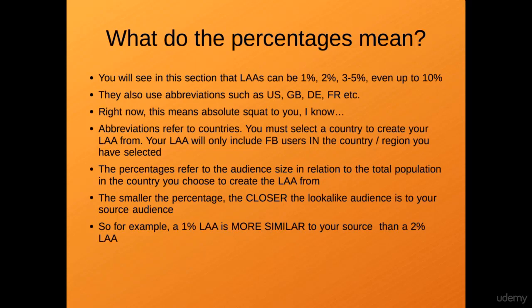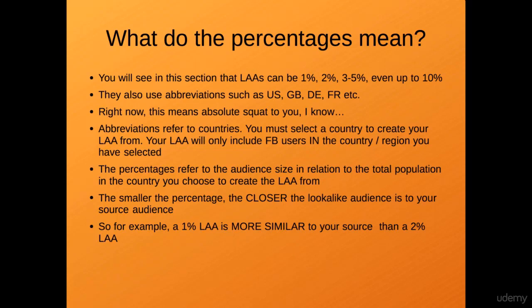So when you're creating a lookalike audience, you have to select at least one location, one country, or trade region. Once you've selected this country, it will be referred to using an abbreviation. They just refer to the country that you're using in your lookalike audience.